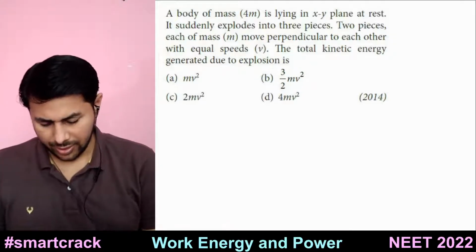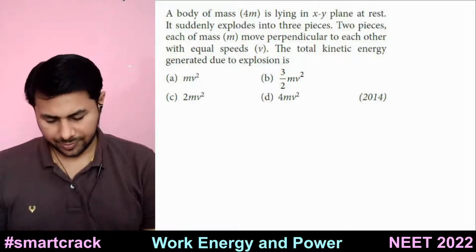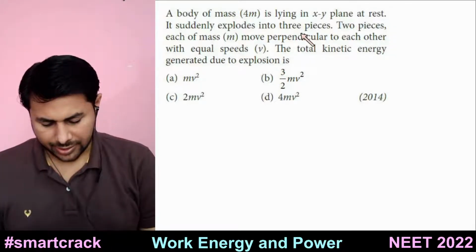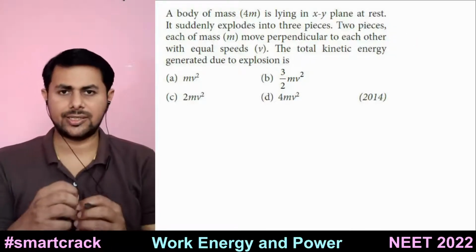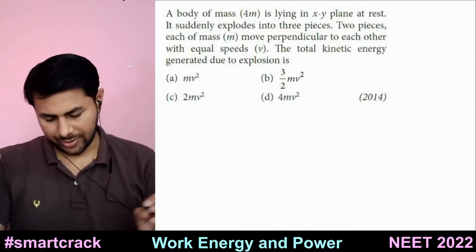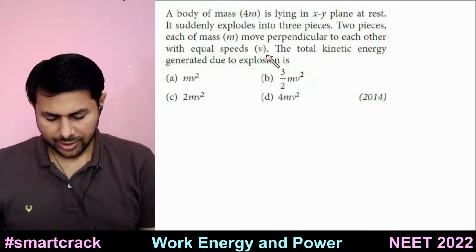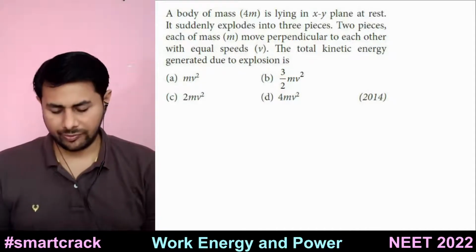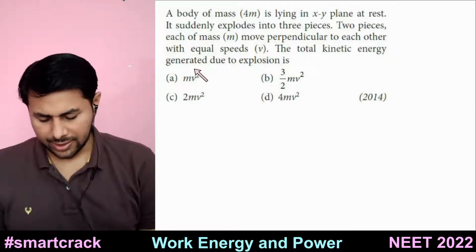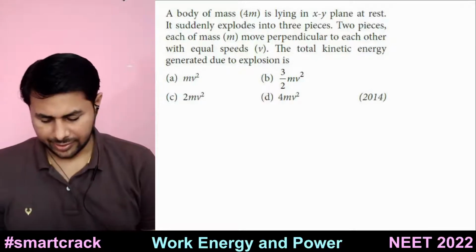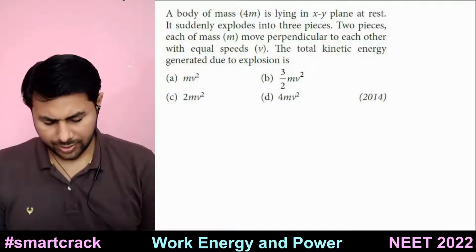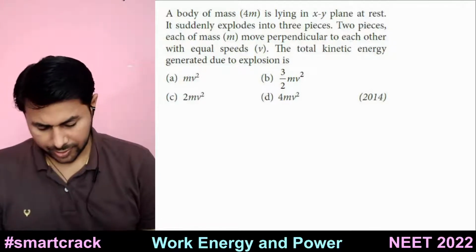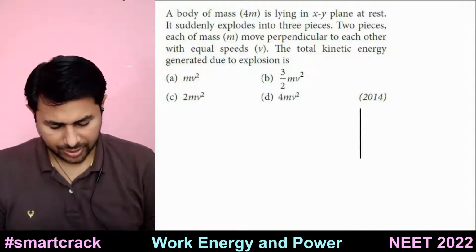So we have a body of mass 4m. It explodes into three pieces. Two pieces each of mass m move perpendicular to each other with equal speeds v. Okay, let's find it out. So we have two masses moving perpendicular to each other.